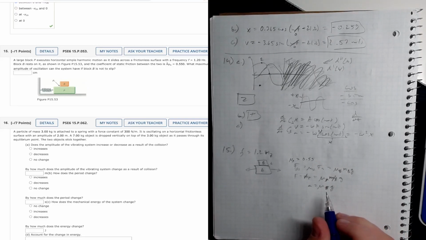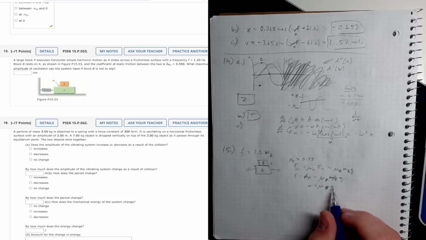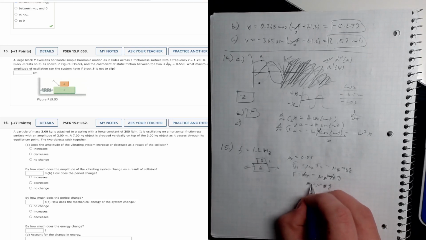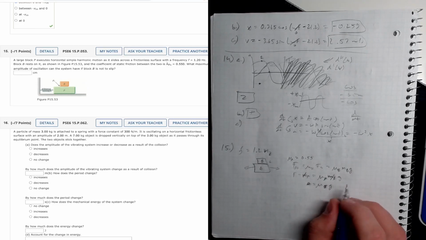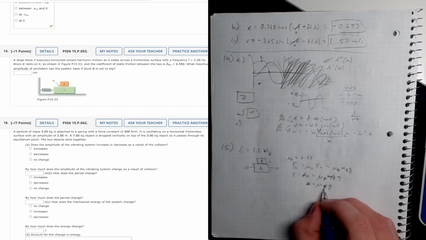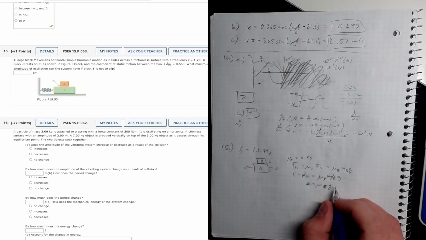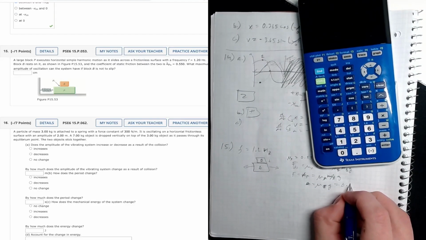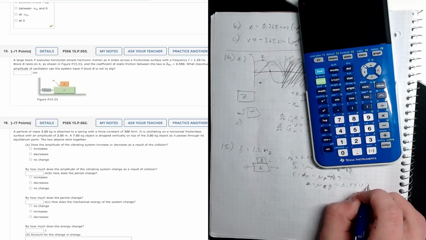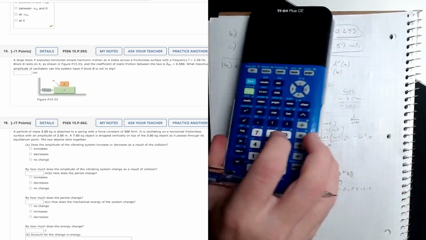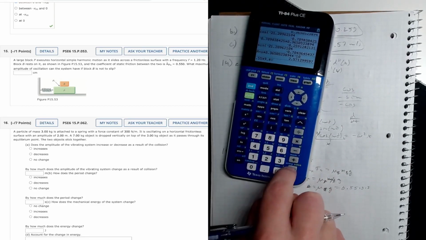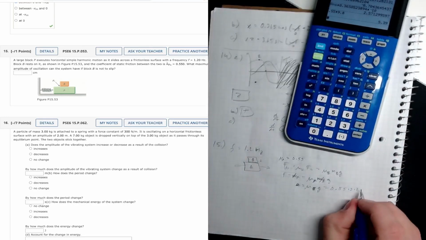The maximum acceleration that they can have is 0.55 times 9.8 meters per second squared. 0.55 times 9.8 is 5.39.